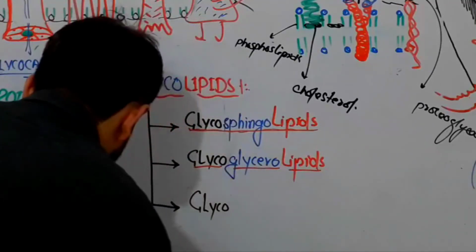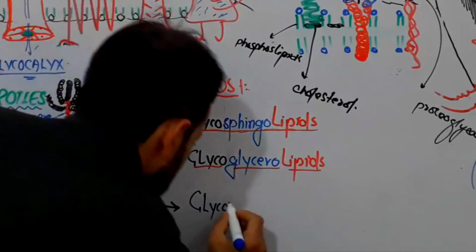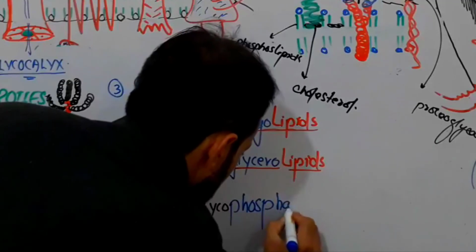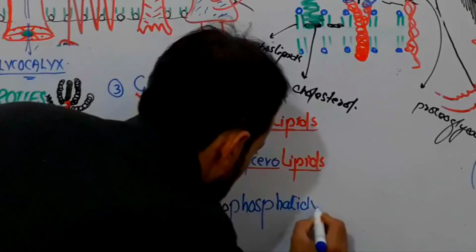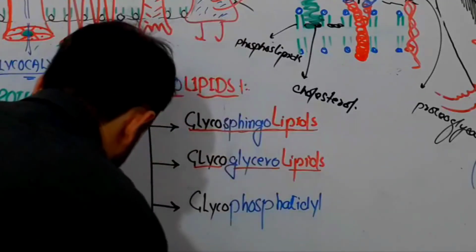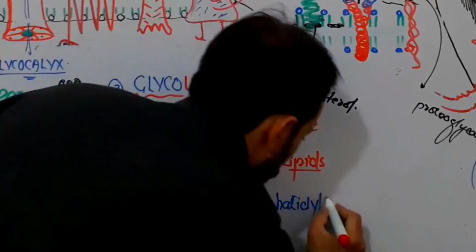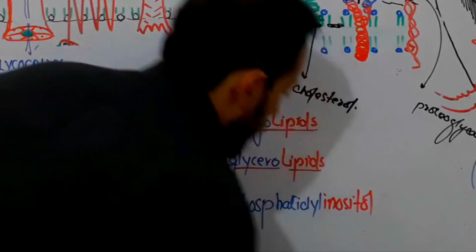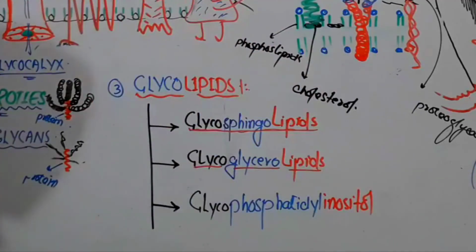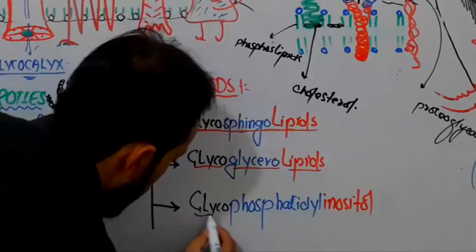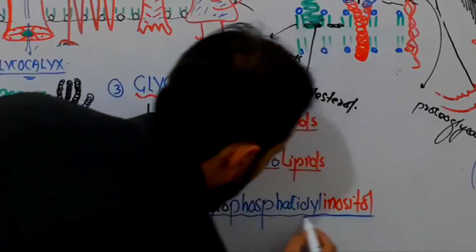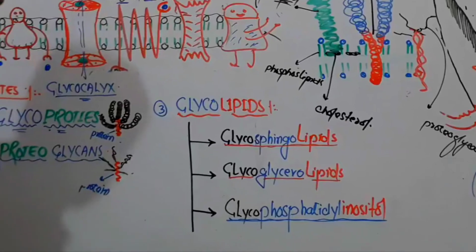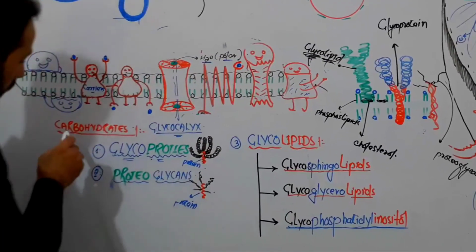glycophosphatidylinositol. So this is the third kind of glycolipid which may be present in our cell membrane. Look carefully.